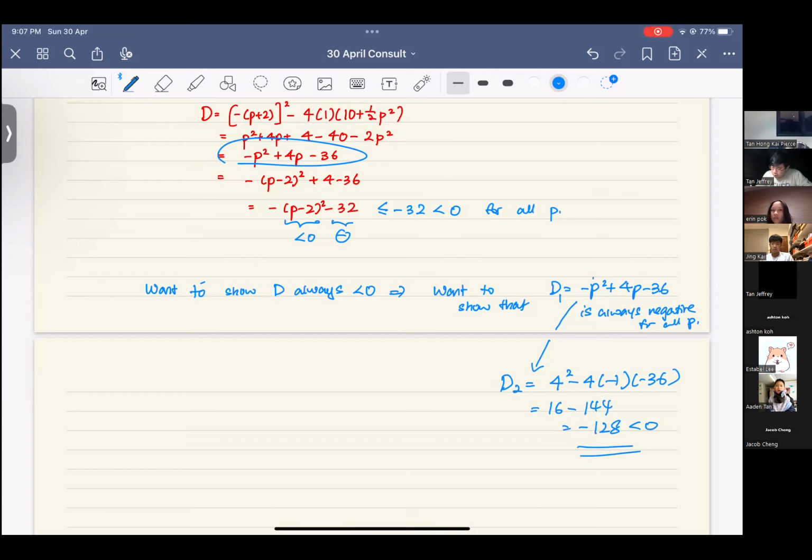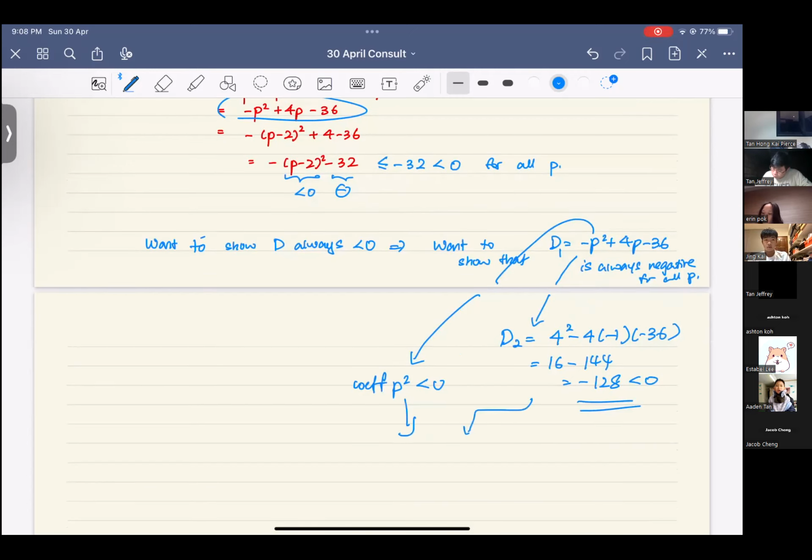At the same time, the coefficient of p squared is less than 0. From these two, you can conclude that your D1, which is negative p squared plus 4p minus 36, is always negative.